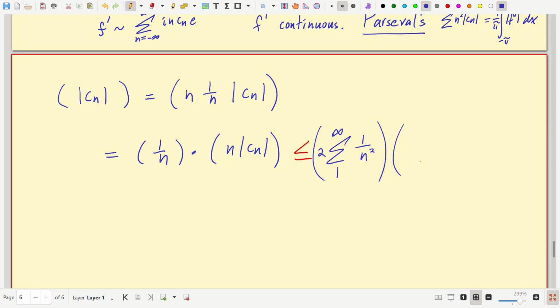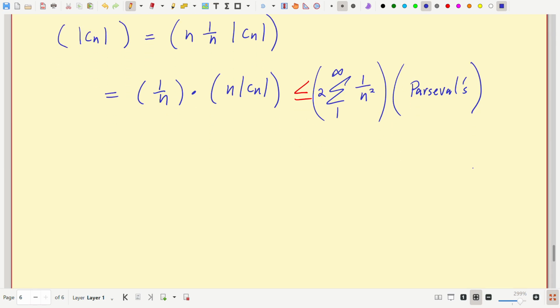And this one would be the thing that you get from Parseval's for the f prime. They're going from minus infinity to minus 1 and 1 to plus infinity, so there's 2. But the only thing is, you think, oh, ouch, I need to toss C naught. So careful.